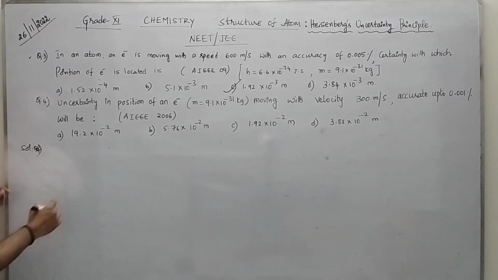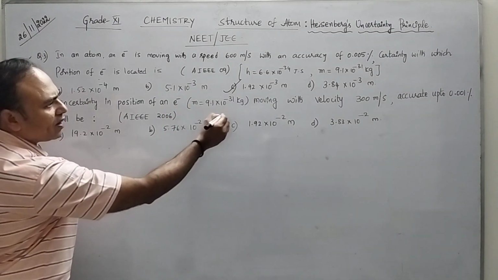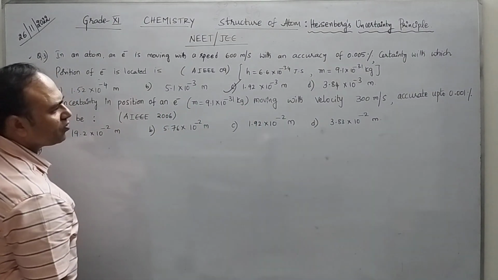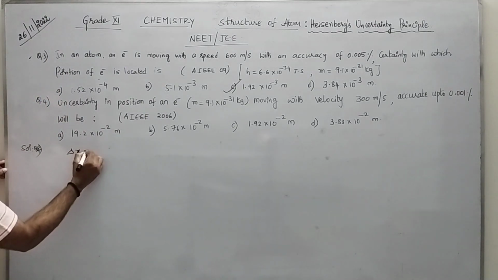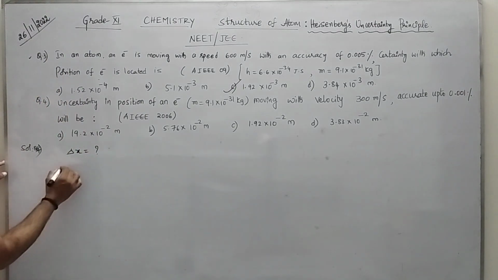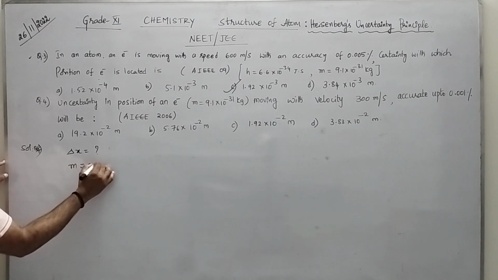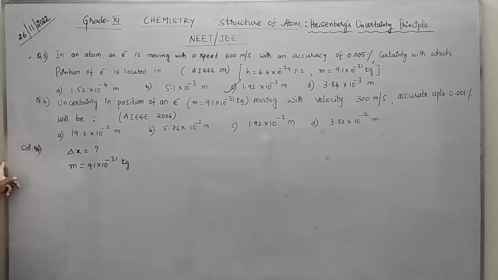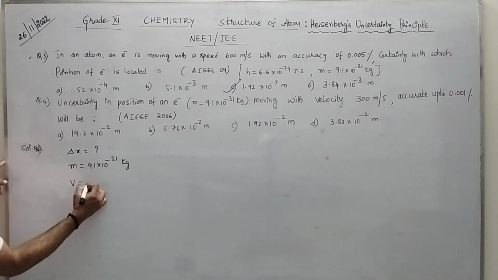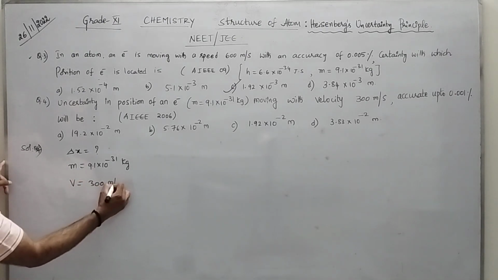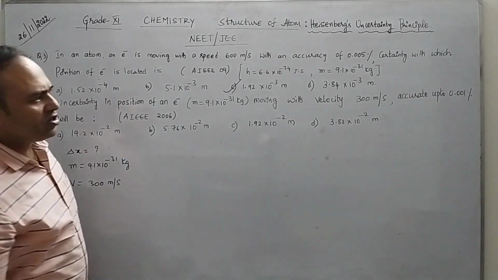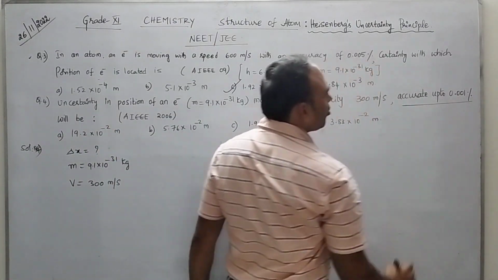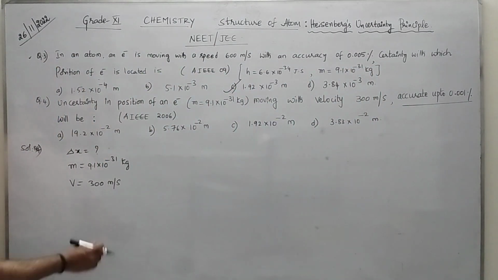Question number 4. Uncertainty in the position of an electron moving with the velocity. You have to find out nothing but delta x, how much. Mass is given, 9.1 into 10 to the power of minus 31 kg. And they have given velocity v is 300 meter per second, and they mentioned that it is accurate up to 0.001% of this.